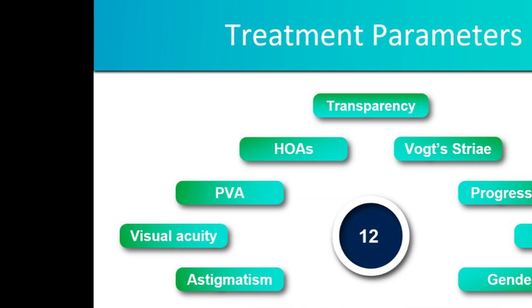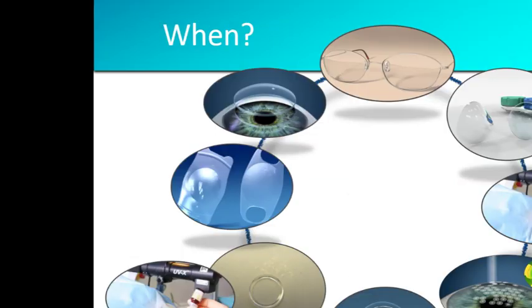High-order aberrations. If the patient is suffering from minor high-order aberrations, we go for glasses. If he is suffering from higher, then we go for other treatments. So these are just to give you an idea how to think, but they will not lead you 100%.